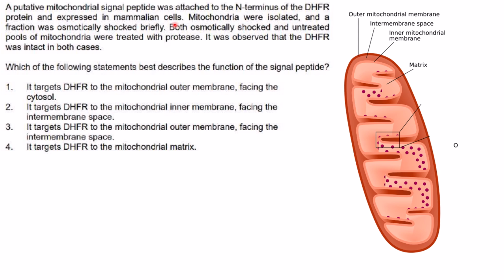If the N-terminal sequence is targeted to mitochondria, it will be amphipathic alpha helical in nature. That's just for your information.